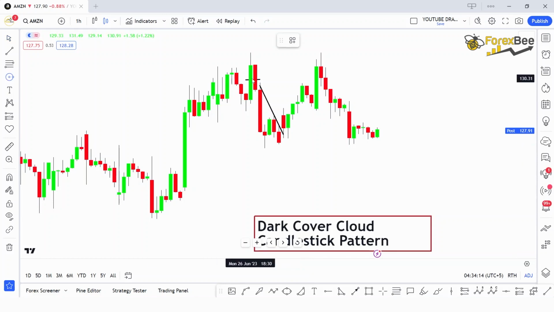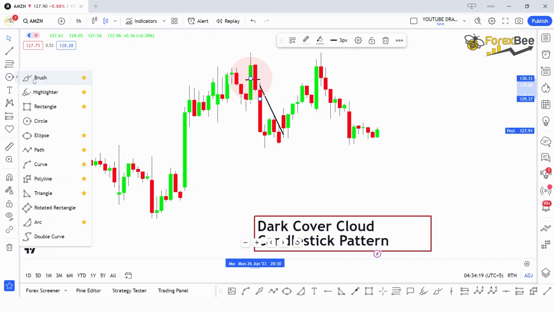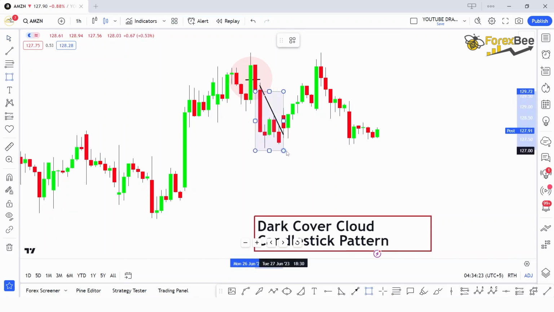So this is a dark cloud cover candlestick pattern, and as we can see, you can observe a bearish reversal in the market. The best trading strategy is to place your entry level just below the first bearish candle which follows the bullish one. Place your stop loss just above this candle and you can take your profits.